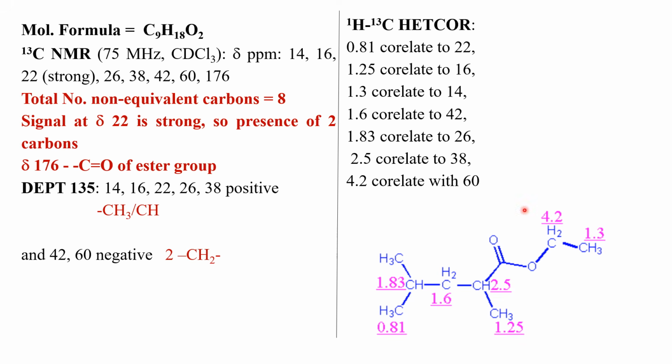The structure with hydrogen assignment is already given, so let us correlate this hydrogen with the carbon. 0.81 correlates with 22, so we have assigned signal 22 for this methyl. 1.25 correlates with 16, so we can assign this methyl to 16. 1.3 signal correlates with 14. 1.6 signal correlates with 42. 1.83 correlates with 26. 2.5 hydrogen correlates with the carbon at 38, and 4.2 hydrogen correlates with 60.